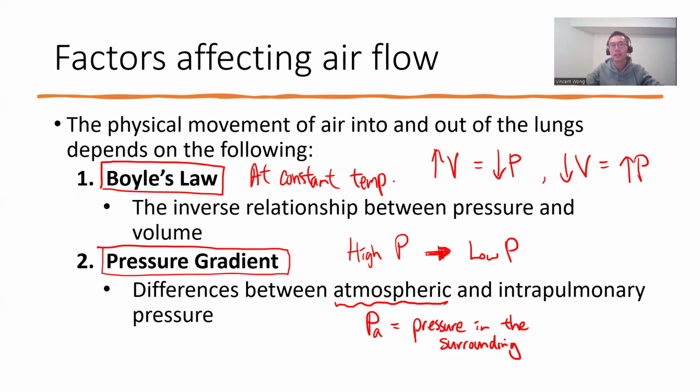There are different ways to measure pressure, and we're not going to worry about the unit. In blood pressure we talk about mmHg, but for air pressure we use atm. The other pressure is called the intrapulmonary pressure, or PI. This is basically the pressure in the lungs. I'm oversimplifying things here, but that's what you have to know.